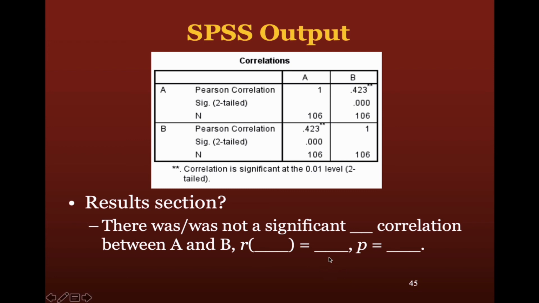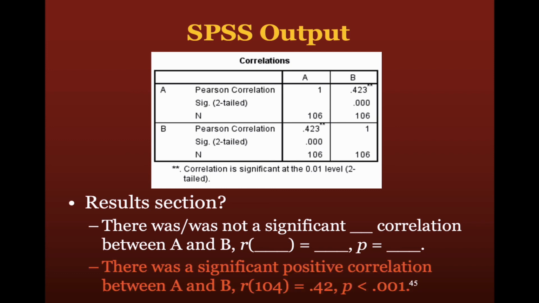Our actual correlation itself, our R, is going to be 0.42, and then you say p is less than 0.001. Okay, so here it's written out again. There's a significant positive correlation between A and B. R, degrees of freedom 104, equals 0.42. P is less than 0.001.